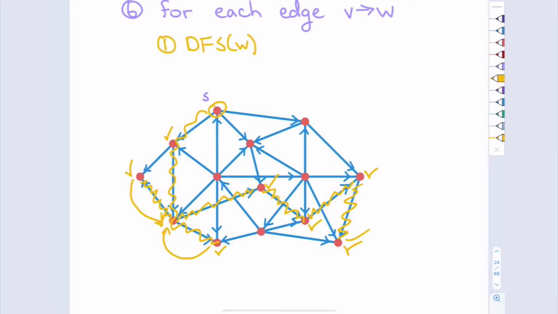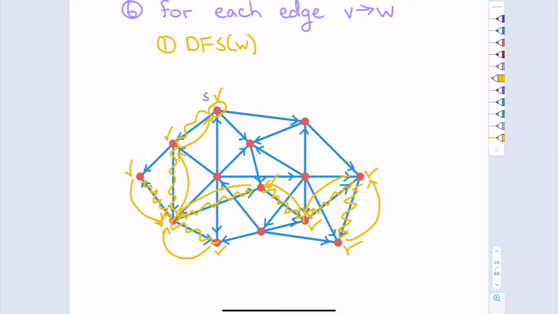No more outgoing edges, so we backtrack. Any outgoing? Doesn't look like it. Backtrack. It's getting messy. Backtrack. S has been checked off, but we're not done with this. All that happened within the DFS of S. They were all subcalls.